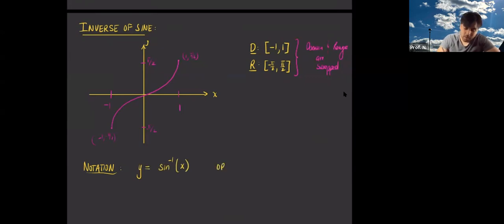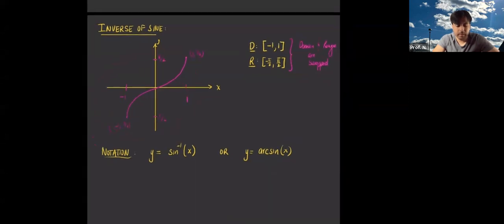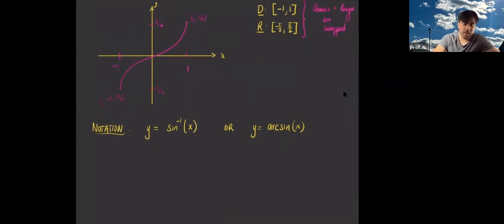Or you can write it as y equals arc sine of x. If you say arc sine or sine inverse, same thing. So this is the graph of arc sine. And I'll give you an example of how this works.